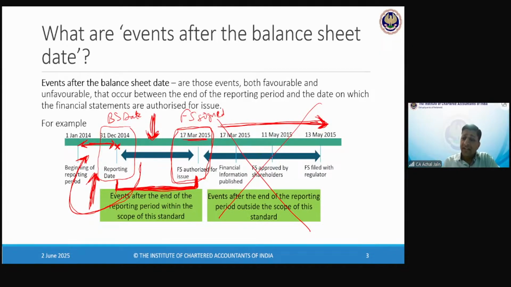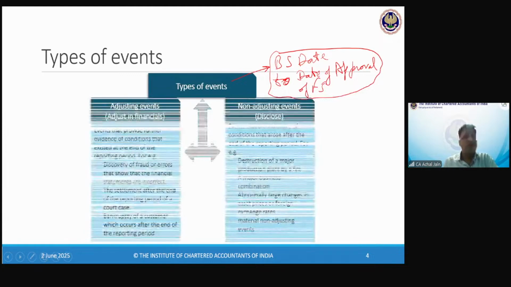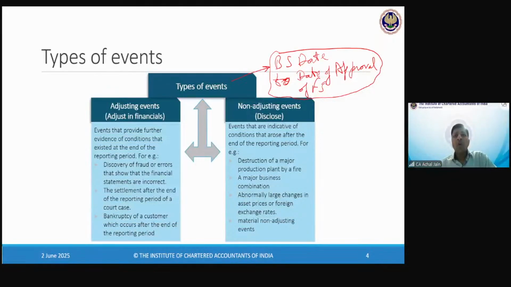Now, let's try to understand both of those events one by one. How do you decide whether the event is adjusting or non-adjusting? That's the question now. When do you call the event adjusting? When do you call the event non-adjusting? The standard says: events that provide further evidence of conditions that existed at the reporting date.